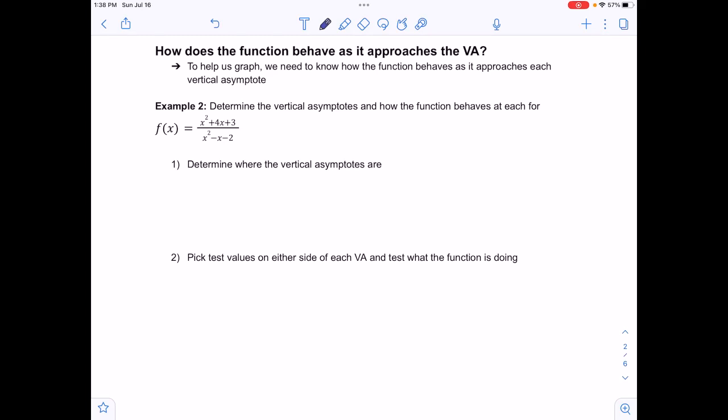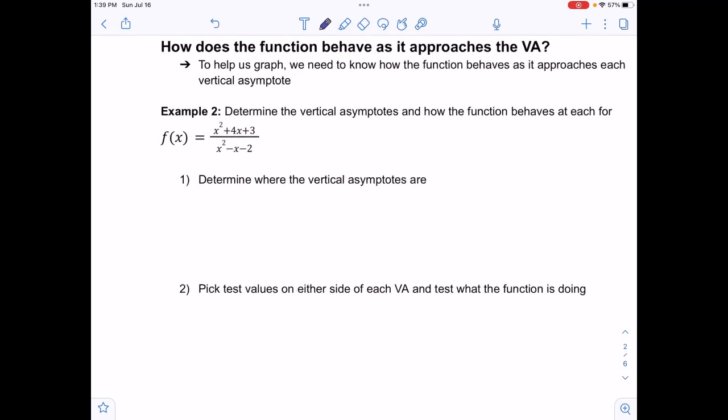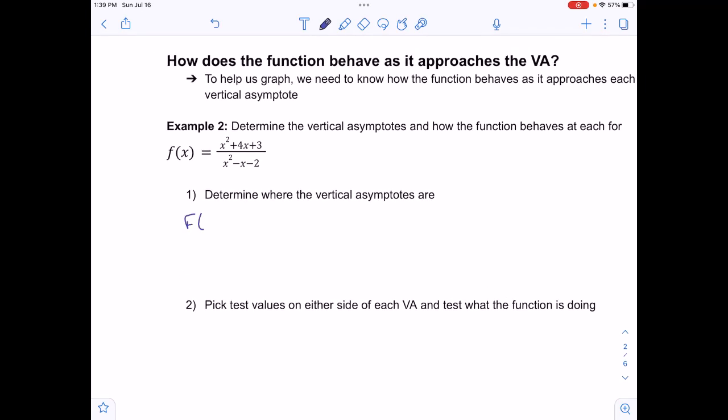Determine the vertical asymptote and how the function behaves at each for this function. So the very first thing we need to do is determine the location of them. And just like we did previously, I'm going to start by factoring my denominator. I need two numbers that add to negative 1 and multiply to negative 2.